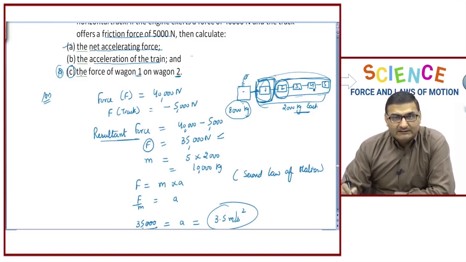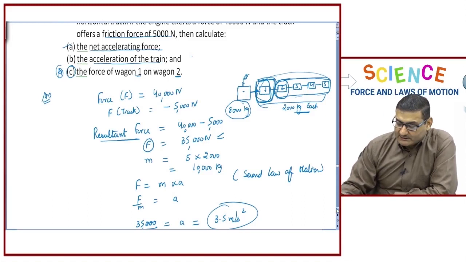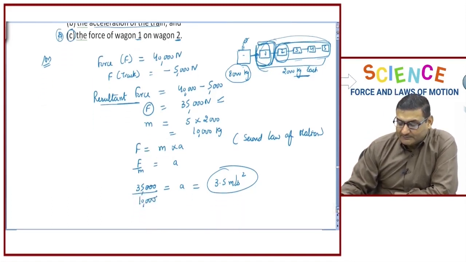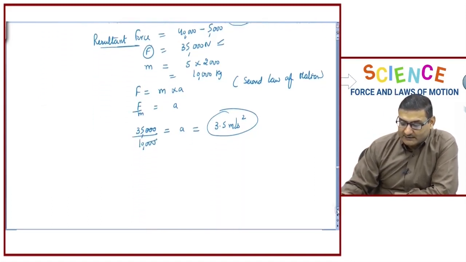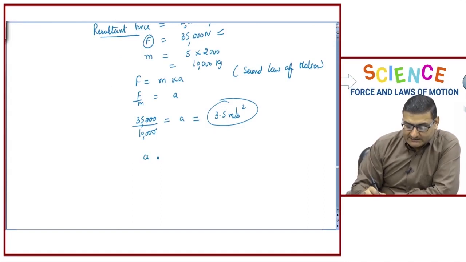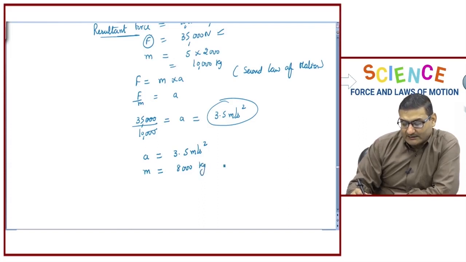Now we know that this particular train or all the wagons are moving with a uniform acceleration of 3.5 meter per second square that we have just calculated. So now acceleration is given to us to be 3.5 meter per second square. The mass we are going to take is 8,000 kilograms.